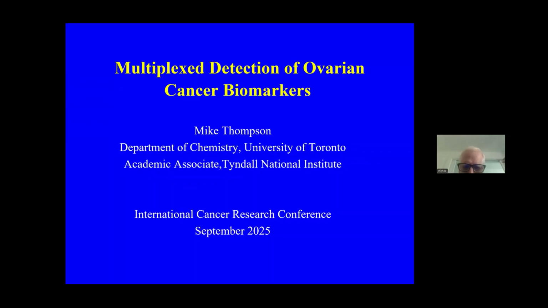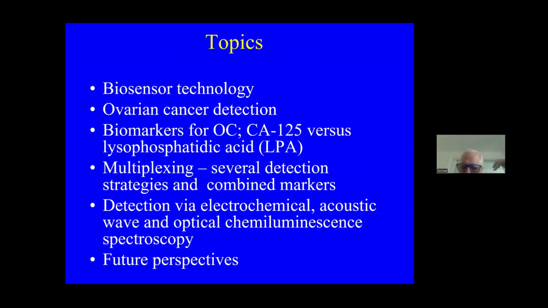What I'd like to talk about today is the detection of biomarkers for ovarian cancer in the 40 minutes that we have. I'm going to concentrate on two particular markers, CA125, which is a standard marker, and also a new one, lysophosphatidic acid.